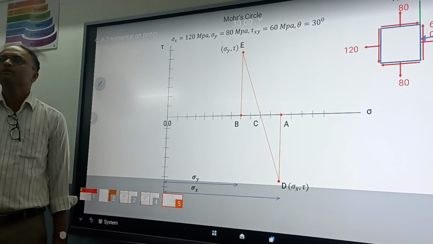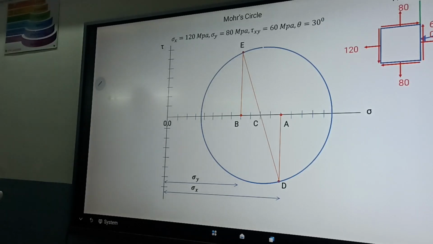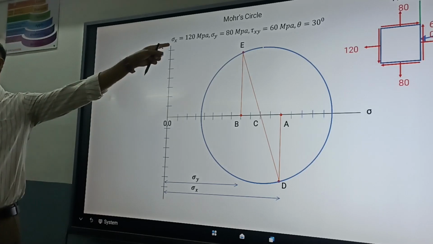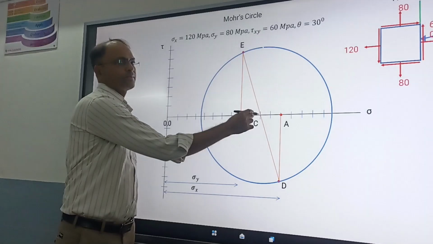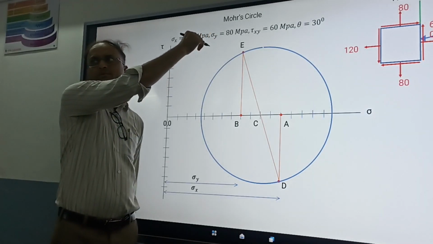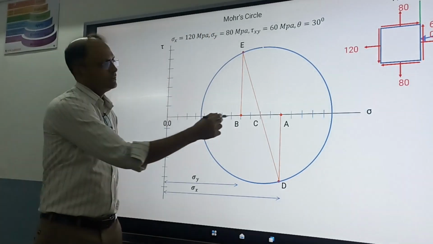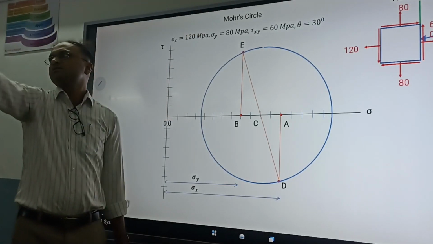Is it done? Next. Now, with this, what we are drawing is the Mohr circle. How is it drawn? With center C and radius equal to CD or CE. How much is the radius? CD or CE. Draw a circle.